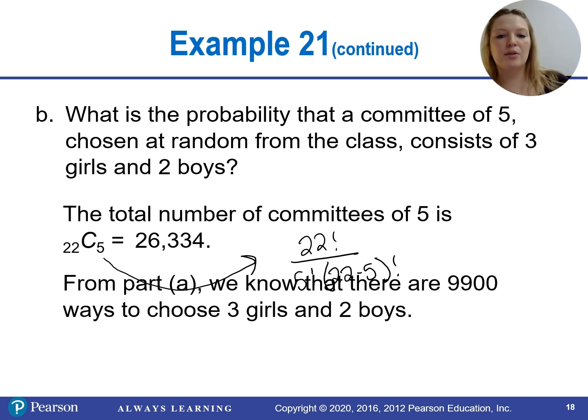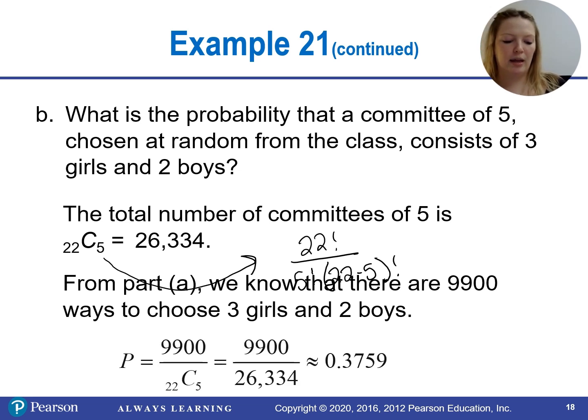So we know that there are 9,900 ways to get a committee of 3 girls and 2 boys. Knowing that there are 26,334 total committees that could be chosen, we can find the probability: the number of ways of choosing a committee with 3 girls and 2 boys over the number of total ways of choosing the committee. So that's a 0.3759-ish probability, or about 37.5%.